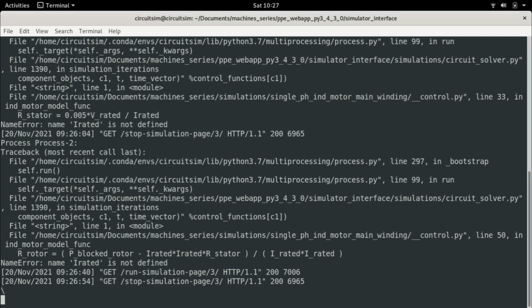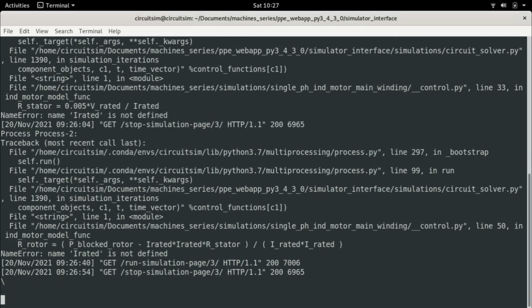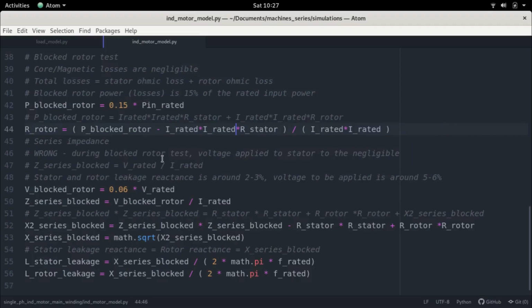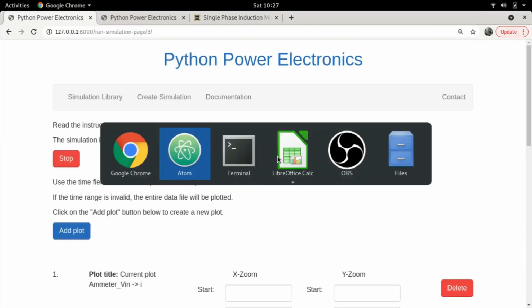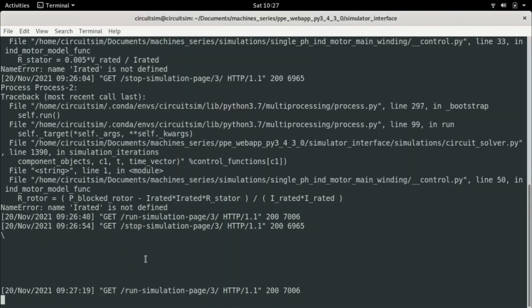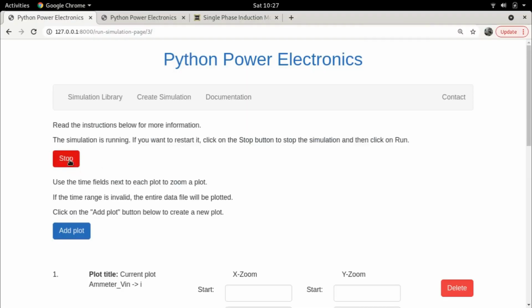Let me give some space here and run it again. Hopefully we have got it right, and yes, we do. There are no errors anymore. So these two silly mistakes were all that was remaining. We now have at least a working simulation.